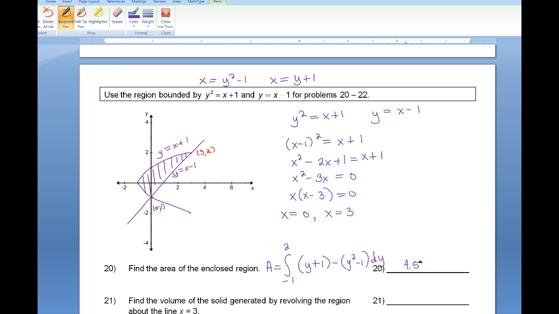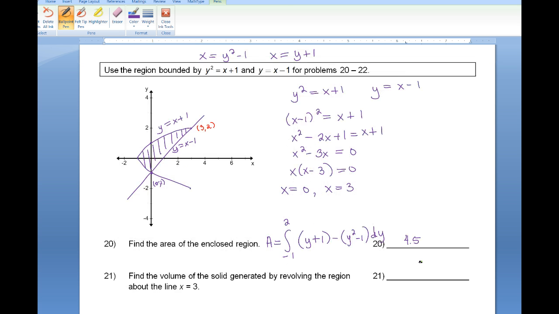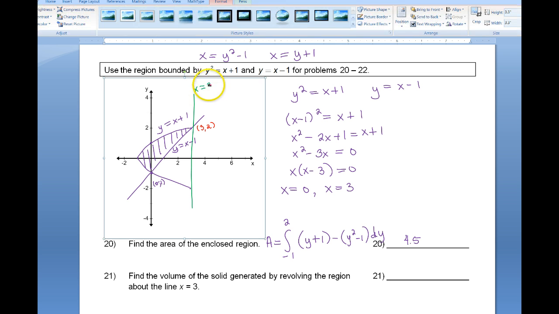Next, find the volume of the solid generated by revolving the region about the line x equals 3. If you can imagine, this region here is going to go around the line that way.